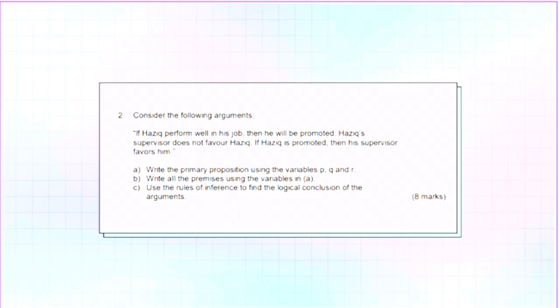As you can see here, every sentence will have a dot. Then we use the dot as a reference to end the statement. So let's start. The first statement is: if Haziq performed well in his job, then he will be promoted. As you can see, there's a dot after the word promoted. So that is statement number 1.